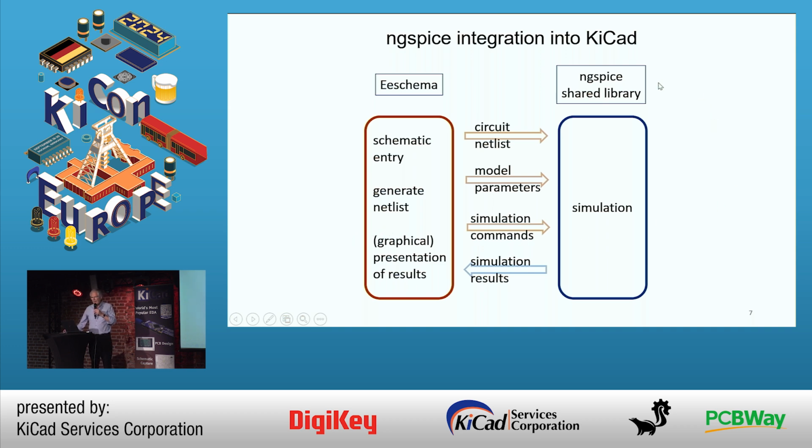The simulator itself is in the form of a shared library. This is a little bit special version of ngspice in that it has no outside interface, or nearly no interface. All the interfacing is handled by Eeschema. But this allows a very close, very direct integration.